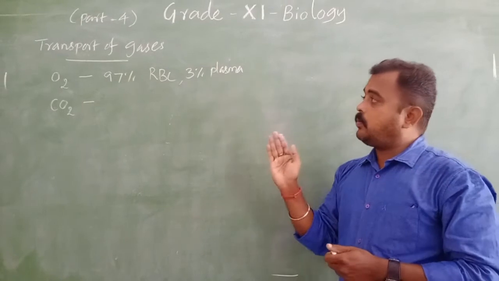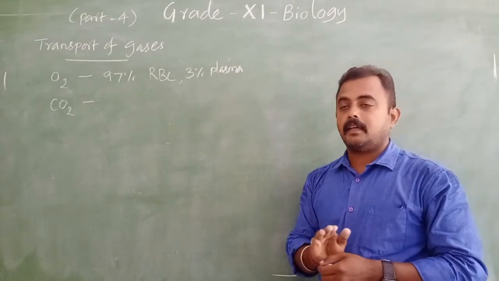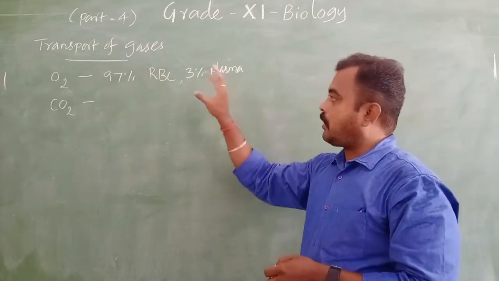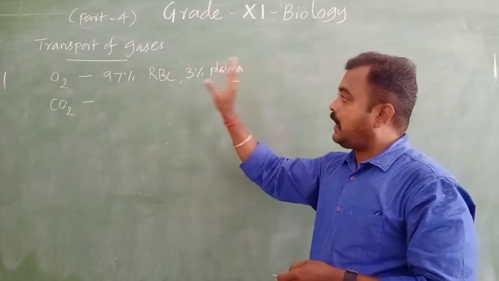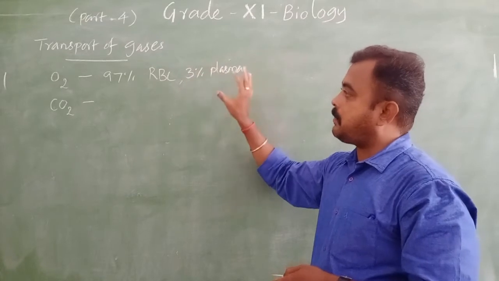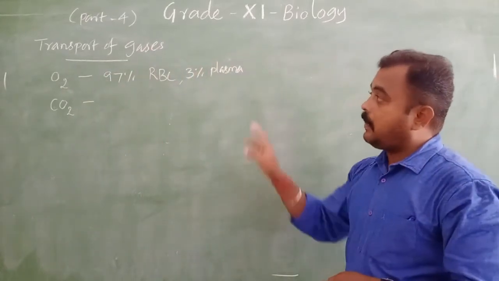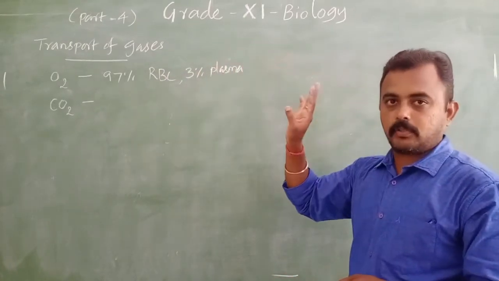So now we know who is going to transport gas. That means blood. In the blood, RBC is present and plasma is present. So these particles, RBC and plasma, carry the oxygen from the alveoli to the tissues.